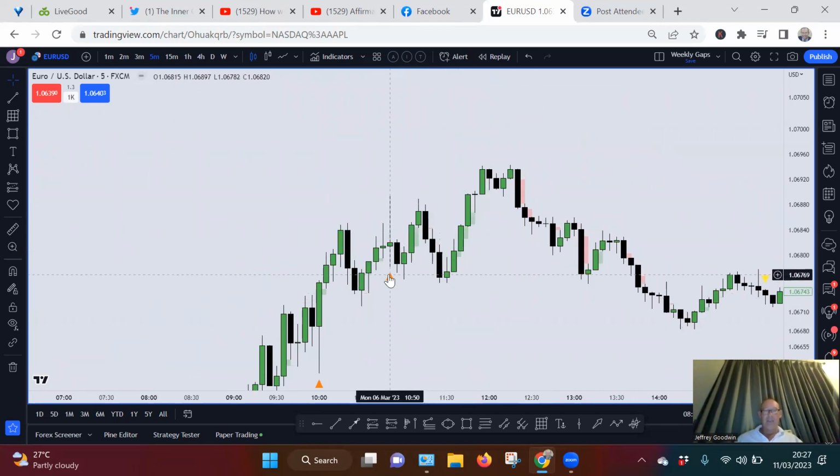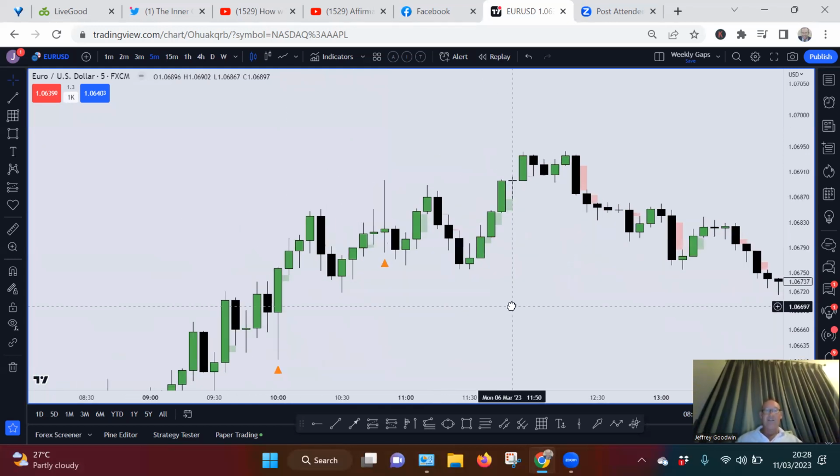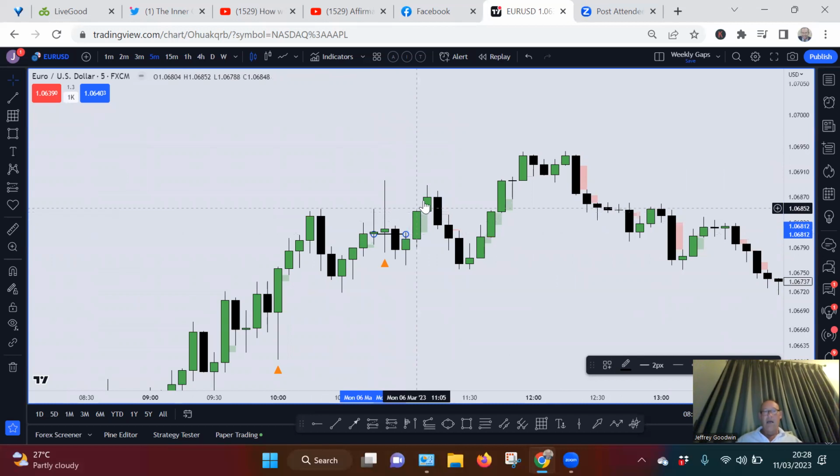We have another indication right here. Now, this particular one is a 40-minute window from start to finish. It started there, and let me try and find 40 minutes from there.